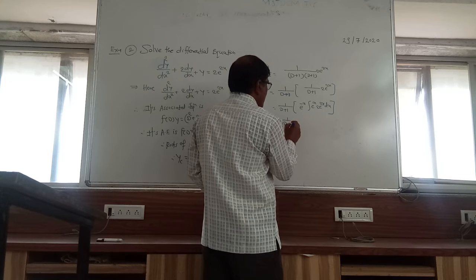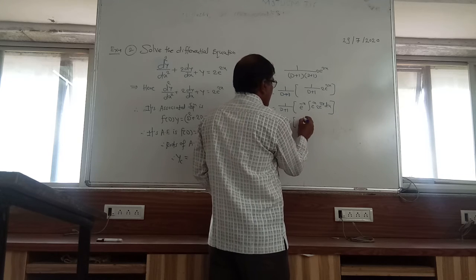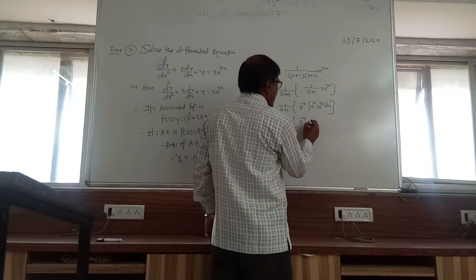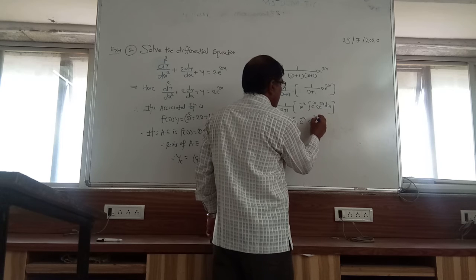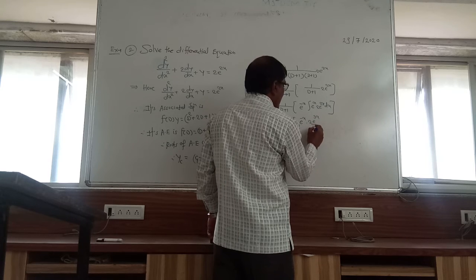Therefore, 1 upon d plus 1 of e raised to minus x, here 2 e raised to 3x upon 3.